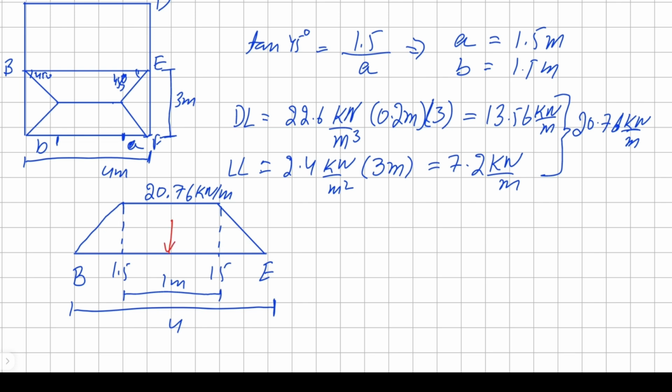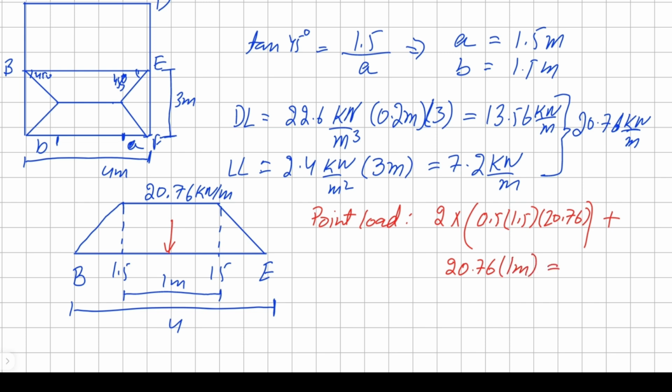Okay, to do that, we have to do our point load. Okay, let's do our point load in red. It will be 2 times area of the triangle, 0.5 times 1.5 times 20.76, plus the area of rectangle, which is 20.76 times 1 meter.